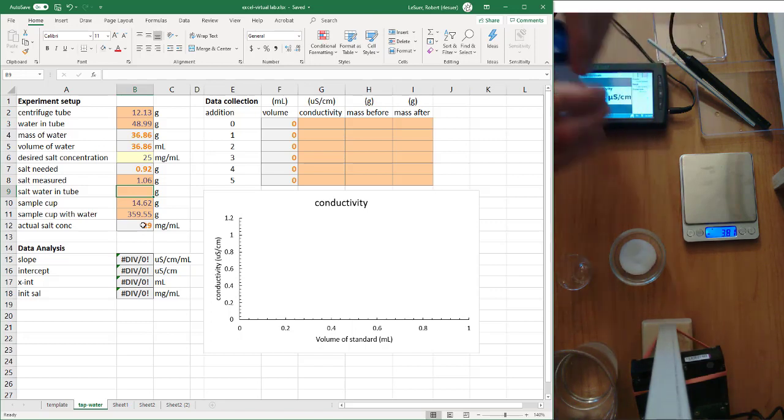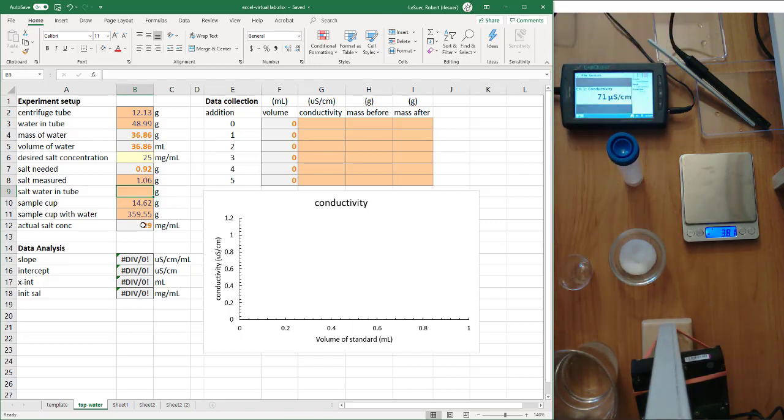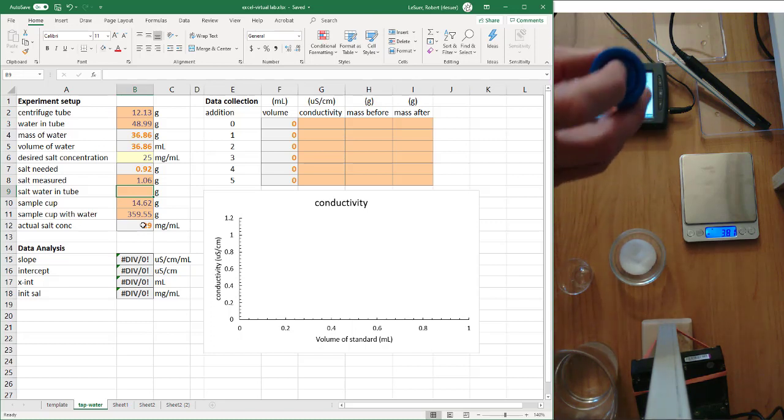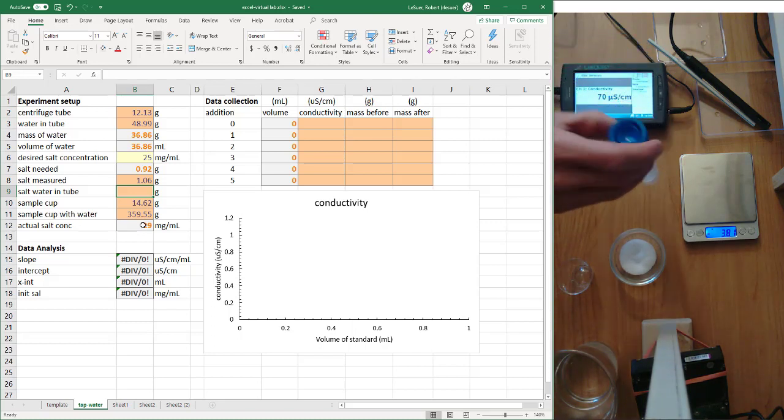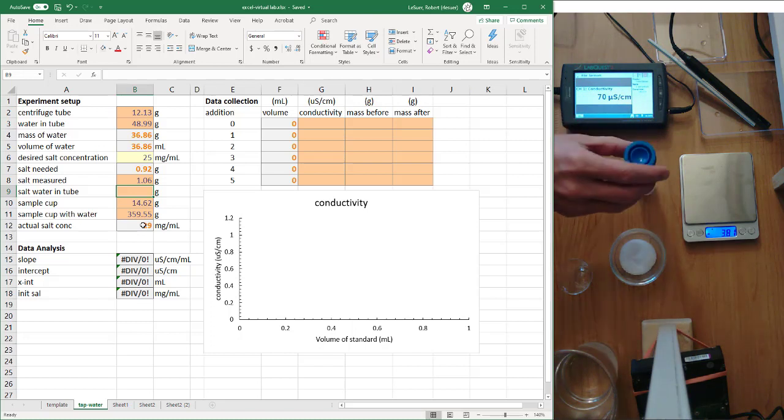If I take a look at the ingredients, this is normal table salt. One of the additional ingredients in commercial table salt is calcium silicate. Calcium silicate is an anti-caking agent that is used to prevent clumping of your salt. But it is not soluble in water, so the cloudiness is due to that. So that's going to be a source of error for us.